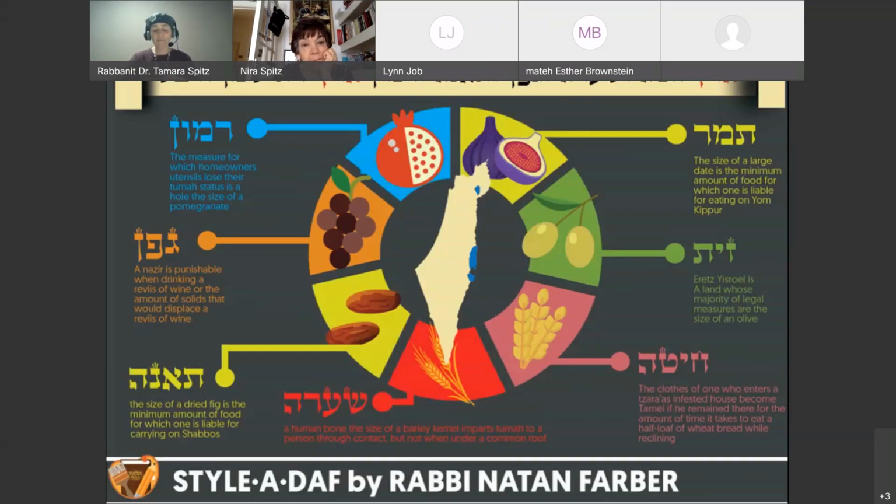Chatzitza is when a person immerses in the mikvah, in the ritual bath, they need to be completely immersed, and the water needs to touch your whole body. So we're not allowed to have something that blocks the water from our skin.